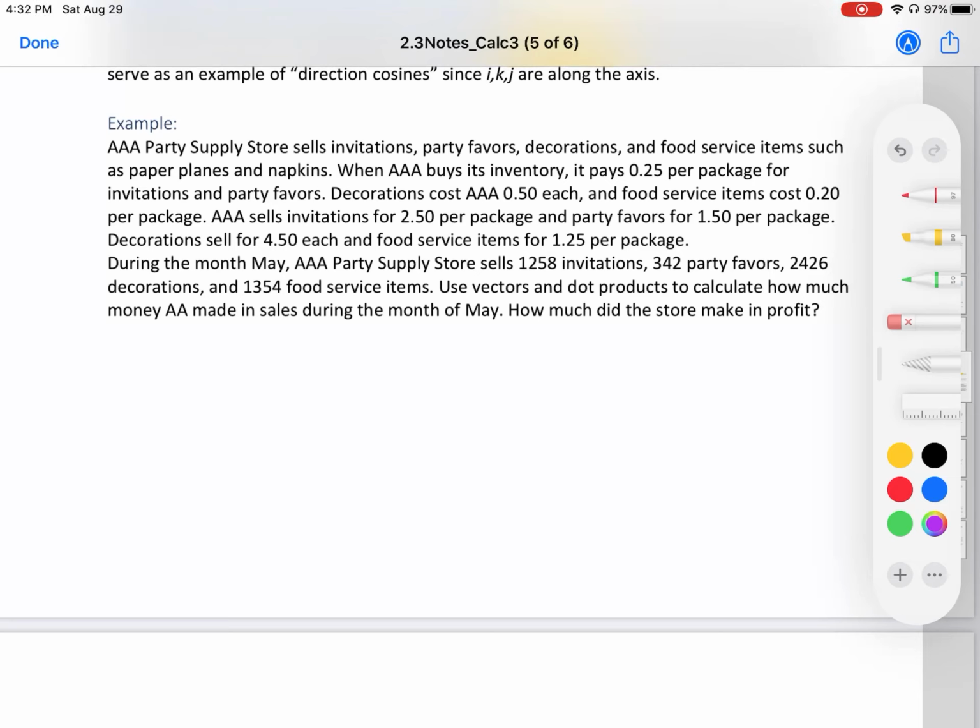Okay, so if we're going to use vectors, let's first set up some structure. Notice that everything was kept in the same order. So it'd be easy to say invitations are the first component, then party favors, followed by decorations and food service.